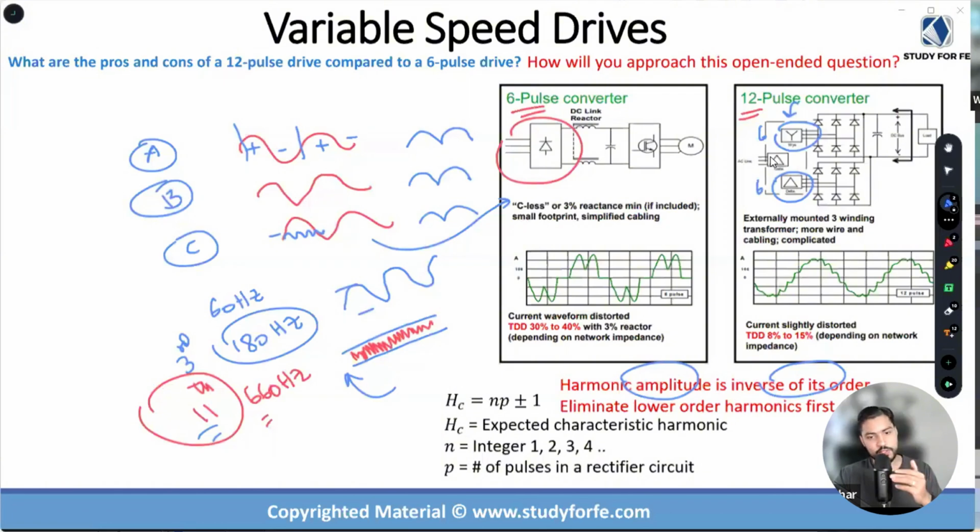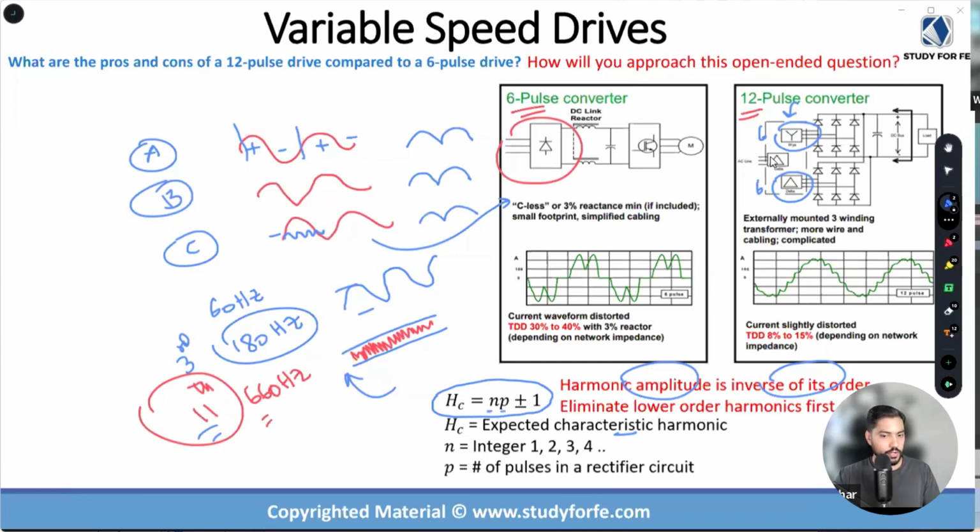So where is this going? The fact of the matter is that there's an equation, right? And it's not given in the reference handbook, but it is something that we need to understand: the characteristic harmonic, you can say the more dominant harmonic in this type of circuit, can be determined by this equation, which is n times p plus minus 1.